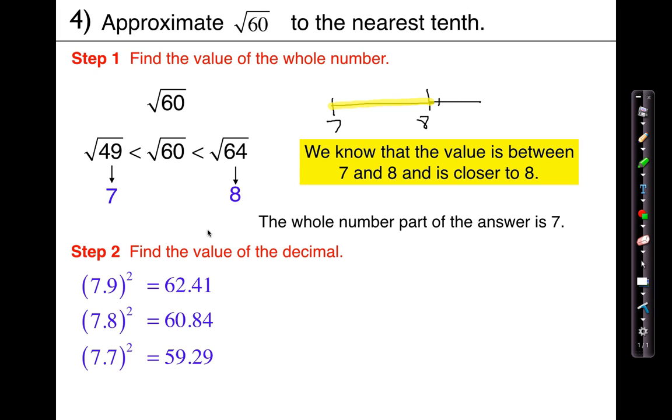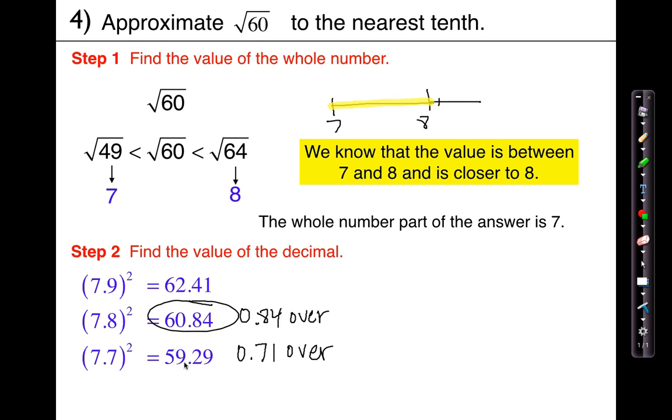7.7 squared is 59.29. So here, this one is, let's say, 84 hundredths over. And this one is 71 hundredths over. So notice some of you may have wanted to stop here, but actually in reality, this 7.7 is closer.